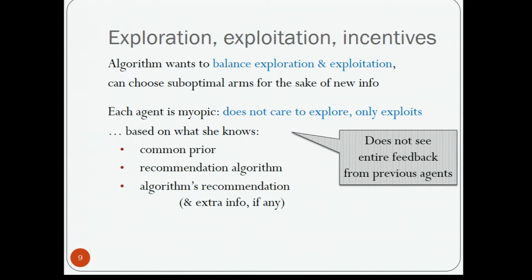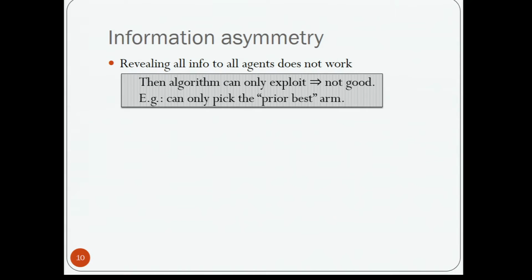In particular, we assume that the agent does not see the entire feedback from the past. Instead, it only sees whatever the algorithm chooses to reveal. This is an important point, because if all information is revealed, it really doesn't work: the only thing we could convince the agent to do is to take the exploit action, and we know that exploitation only is not a good thing.